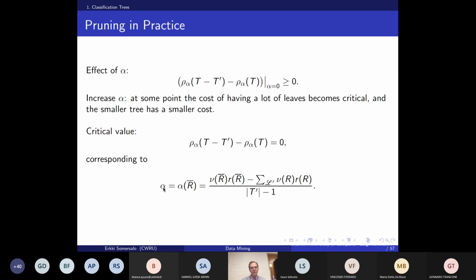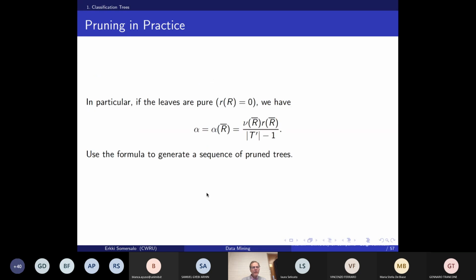And so then this alpha has a particularly simple form. It is the misclassification rate of the new node divided by t prime minus 1. Okay, so here is my conclusion. If the leaves are pure, so if RR is 0 for all leaves in the tree below where I cut, then this alpha has this very simple formula.